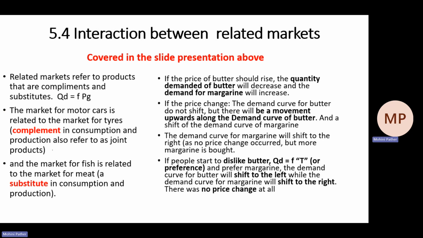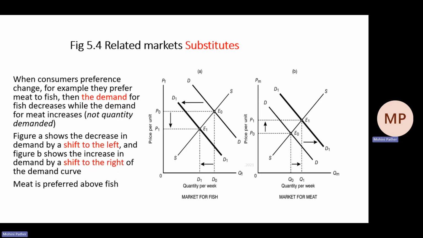Then of course there are the complements, where we looked at motor cars and motor tires, and then we looked at substitutes. Fish and meat is another good example. Sometimes the price of fish gets a bit high, and then we'll buy some more meat, and vice versa. Always remember that substitutes tend to work in opposition to one another.